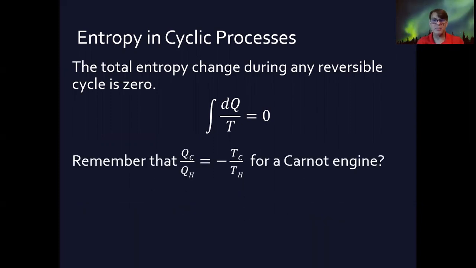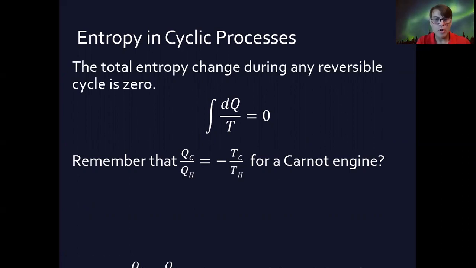So let's think about this a little bit. You might remember from earlier in the chapter that the Q at the cold, the amount of heat lost at the cold, over the amount of heat at the hot equals the negative of the temperature at the cold divided by the temperature at the hot.